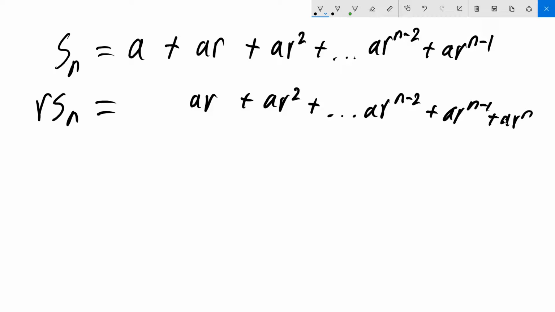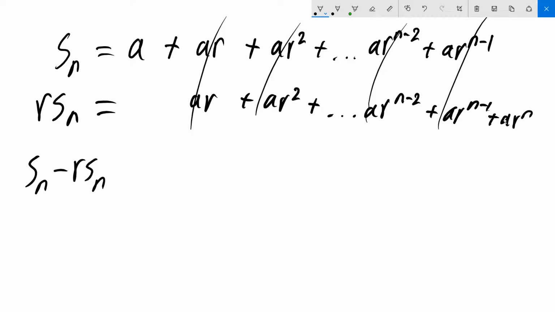So we're going to subtract these, and you'll find that the terms start cancelling, and what we're left with is a minus ar to the n. So we're going to go Sn minus r Sn, and that'll give us a minus ar to the n. And now we're going to factorize both sides.